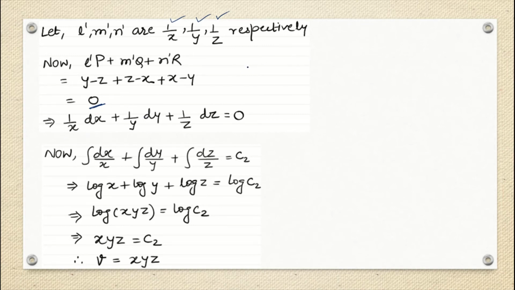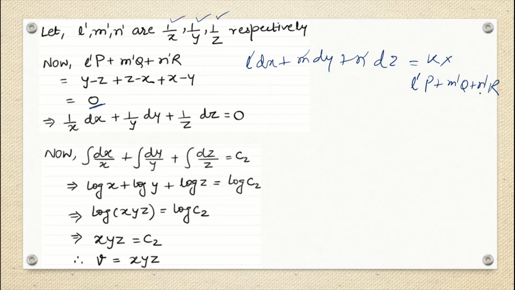L dx plus M dy plus N dz equals k into L dash p plus M dash q plus N dash r. Since this completely we have got 0, this term is nothing but 0, and L dash, M dash, N dash are 1 by x, 1 by y, 1 by z.